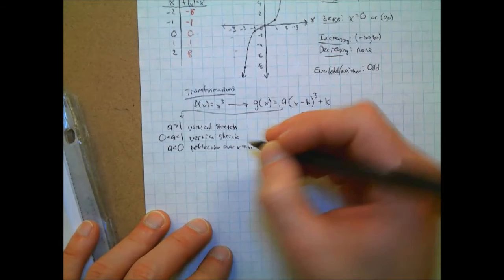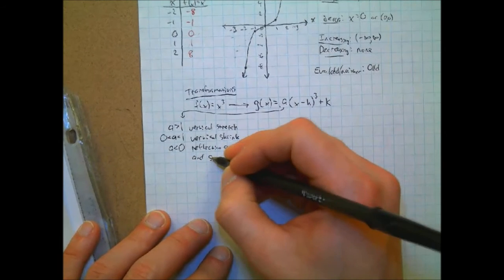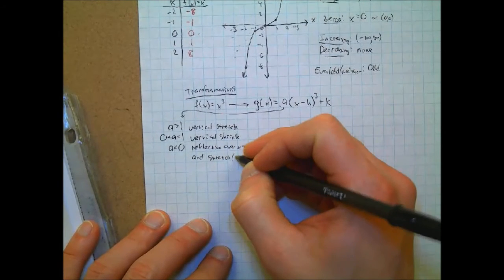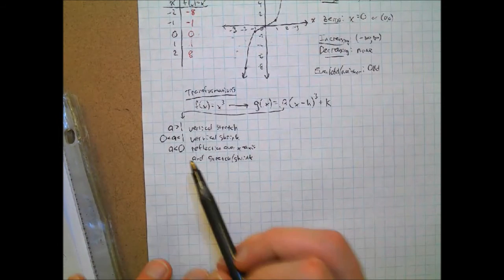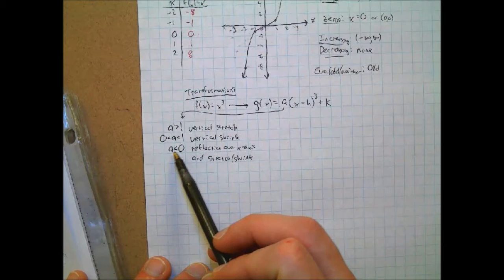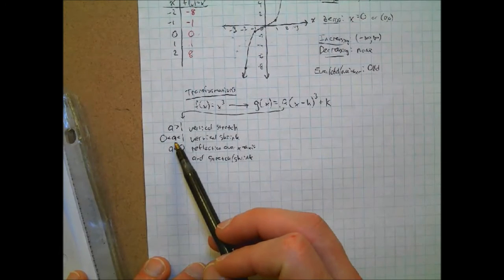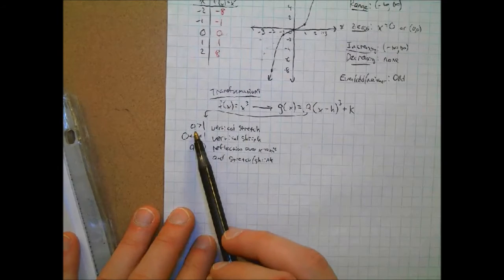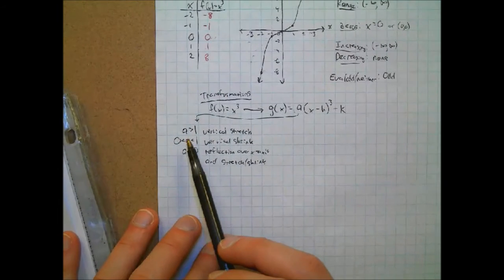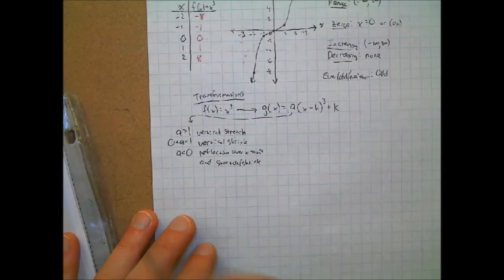Reflection over the x-axis and a stretch or shrink. And again, it's the same kind of principle here. If it's a negative a value between 0 and -1, it's going to be a reflection and then a vertical shrink. And if it's a negative a value less than -1, so like -2, -3, -4, that'll be again a reflection and then a vertical stretch.